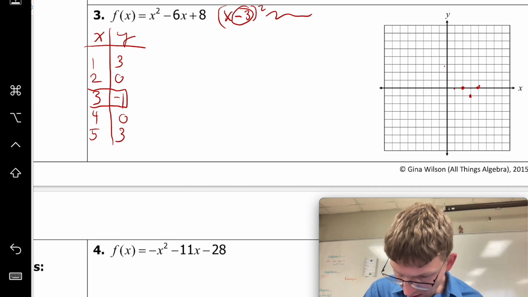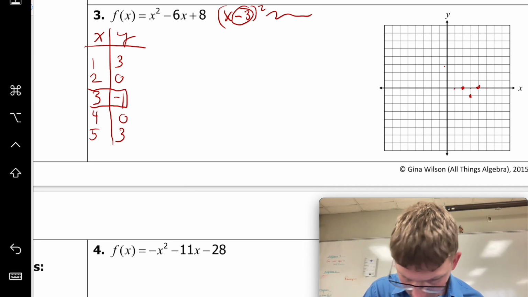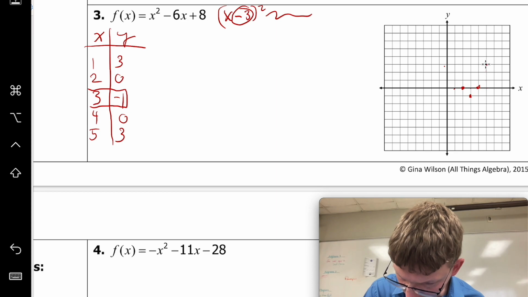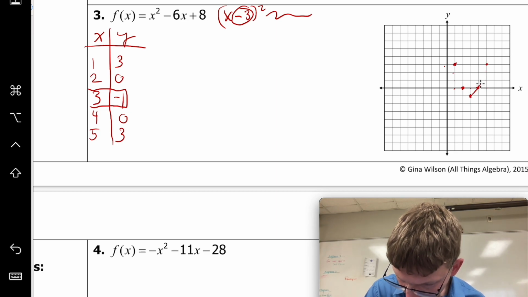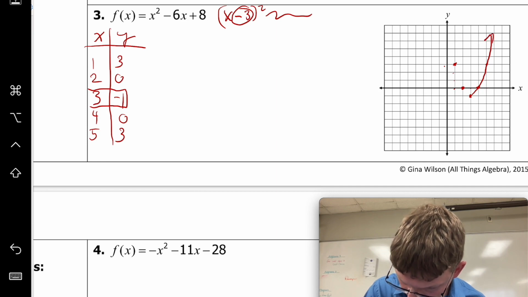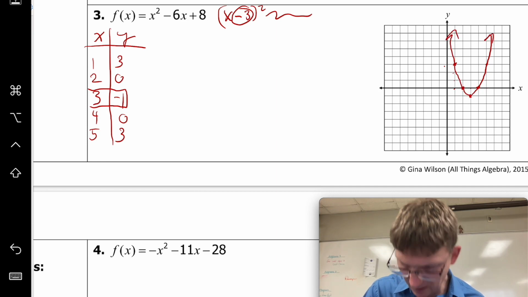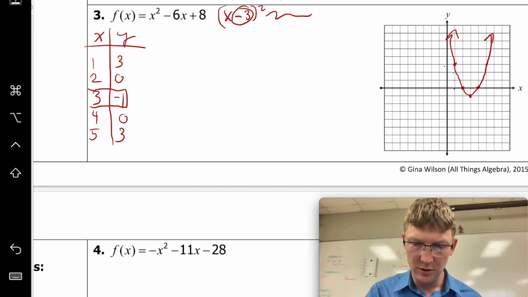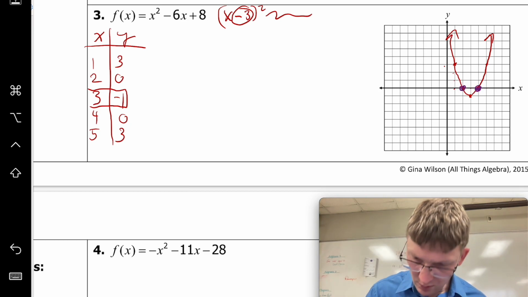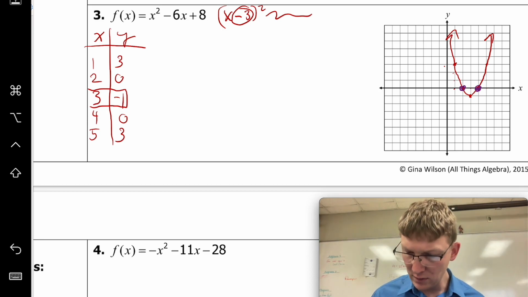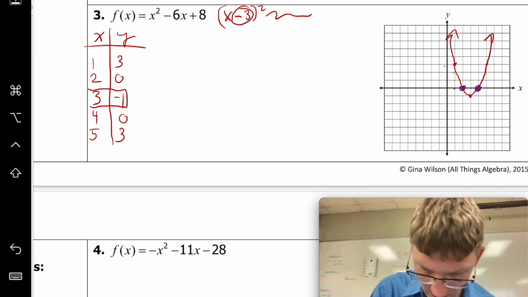And then 5, it's going to be right there. I'll go up 3, 1, 2, 3. So we have our solutions right there. We are going to have 2 points.